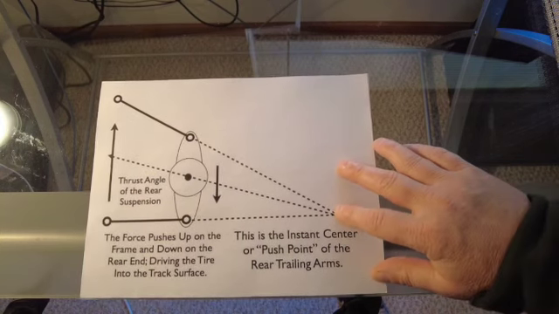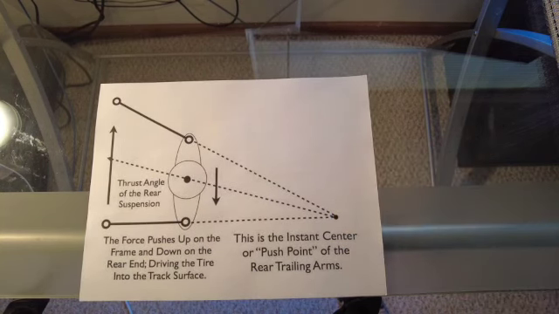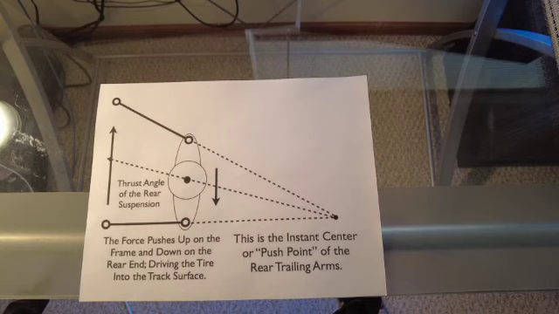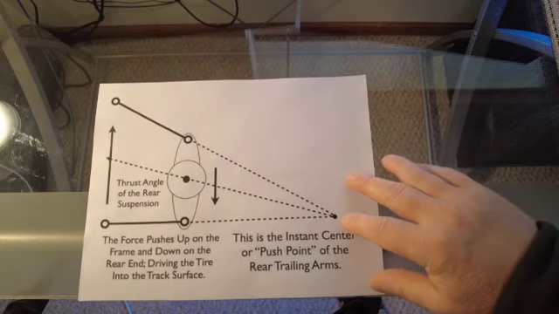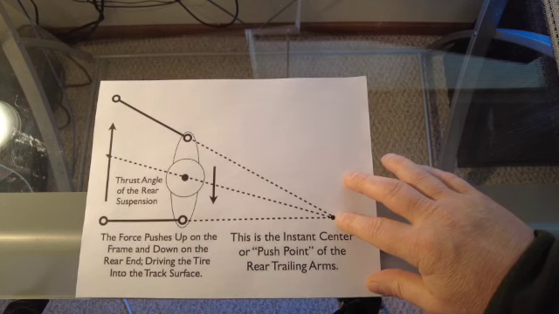The push point and where the finished ride height on the right rear is way more important than what the number is. The number will give you a consistent ride height. So when you take your 250 spring, let's say, on the right rear and you decrease that to 225, you're going to have to put some turns in that right rear to get this point back to where it's important.